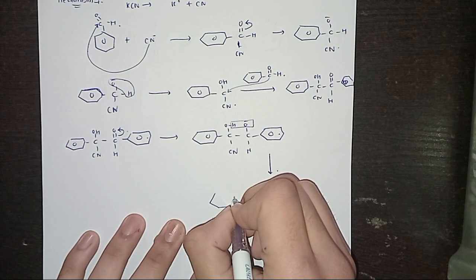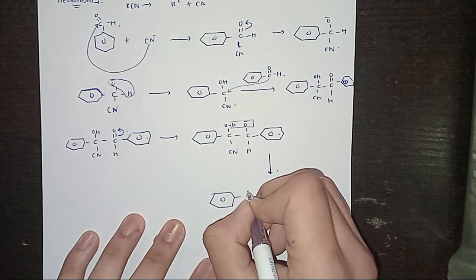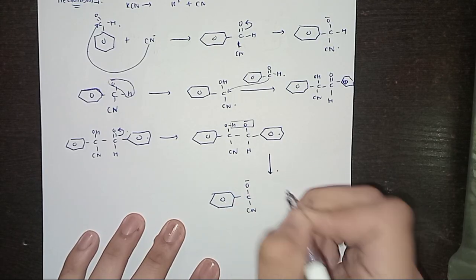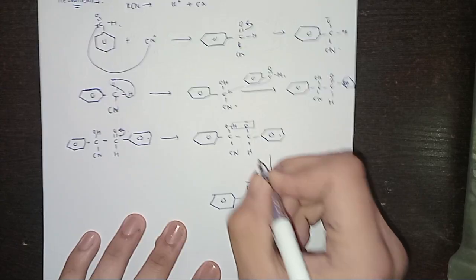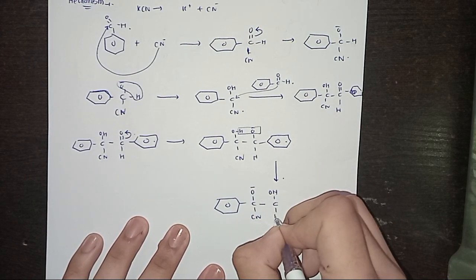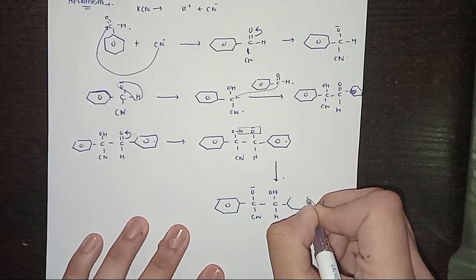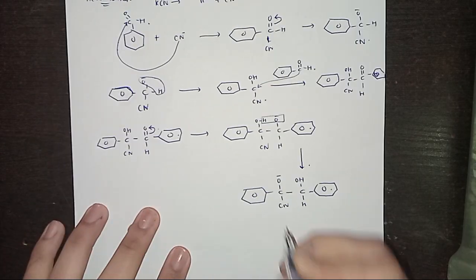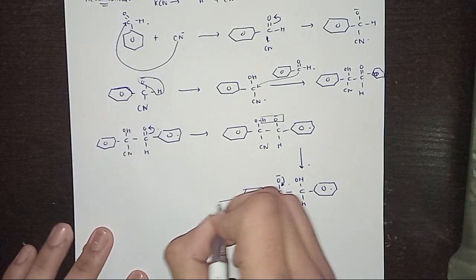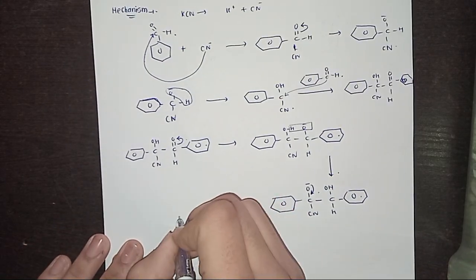I will write it in the downward side, and O, CN, and O will develop a negative charge, and on this oxygen the H will bond, and it will be the hydroxyl group or the alcohol. And now this negative charge will again come downward and develop the double bond.